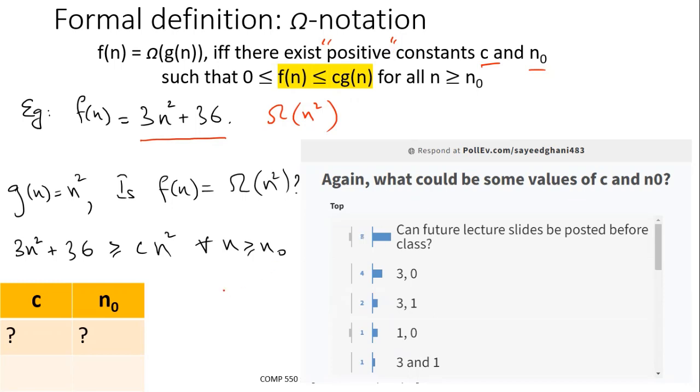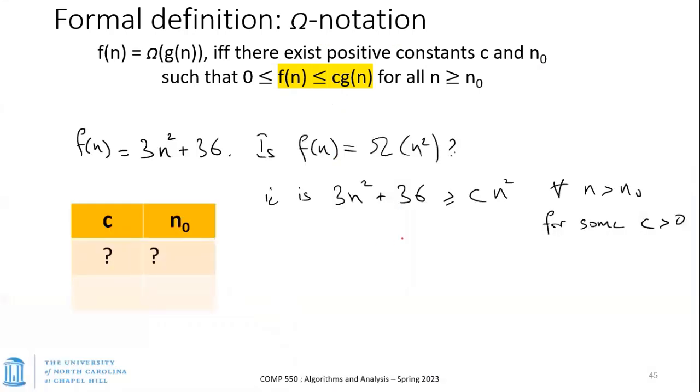So let's take a look at this. Can you find some values of c? Suggestions coming in are 3 and 1. Would this work? Is 3n squared plus 36 greater than or equal to c n squared?